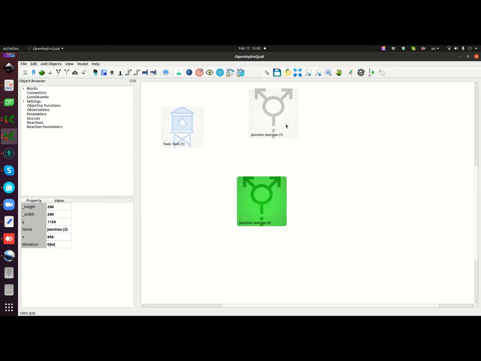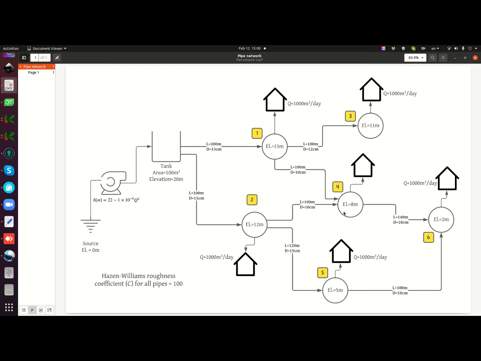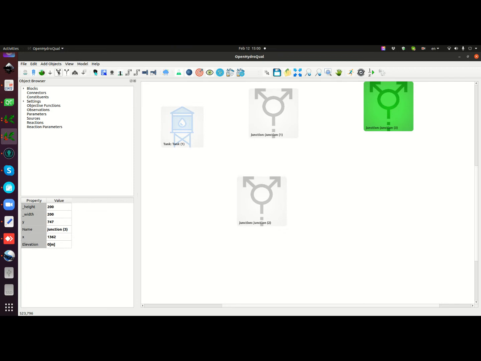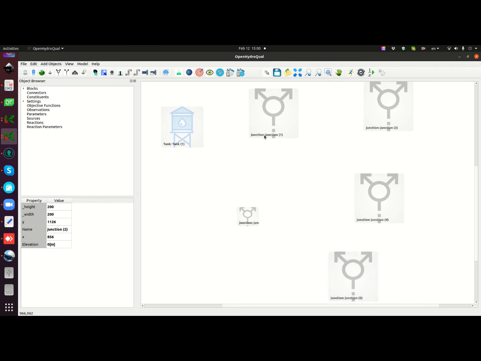So this is number two, and then I'm going to have a number three right here. Let me just make sure that I'm doing that right. Yes, number 3, 4, 5, and then 6. Another one goes here, another one goes here. And then let me make them a little smaller so that they look more like nodes.